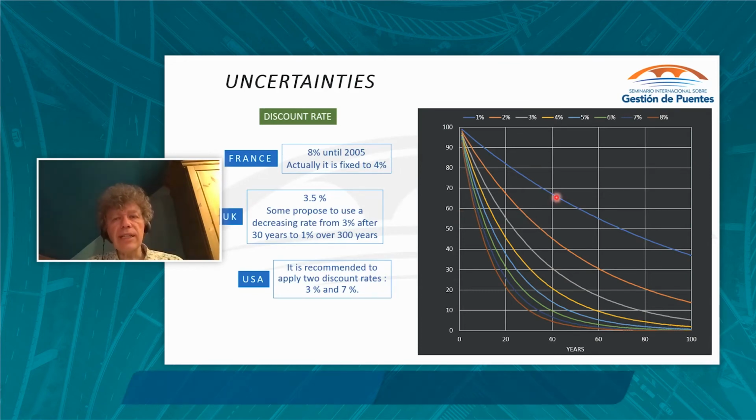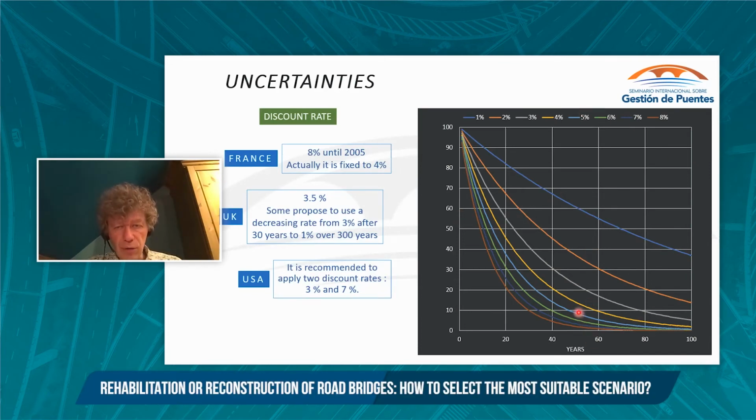If the discount rate is 5%, the light blue curve here, the same 100 pesos that I will expend in 60 years represent 5 pesos today. So the higher the discount rate is, the more I am encouraged to have an expense in the future.